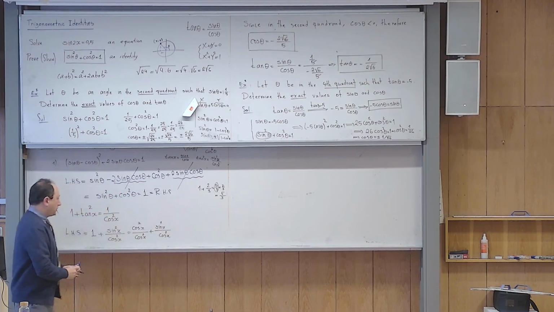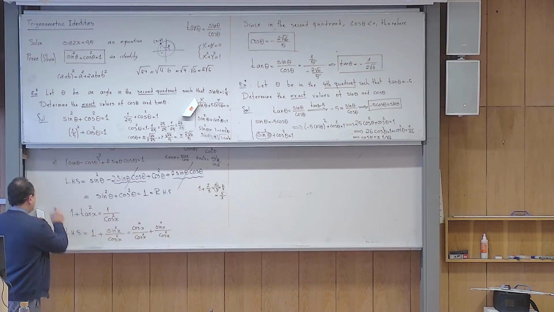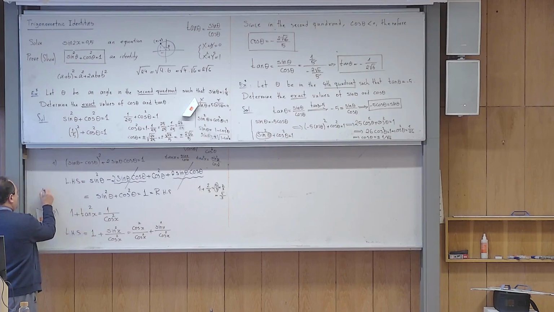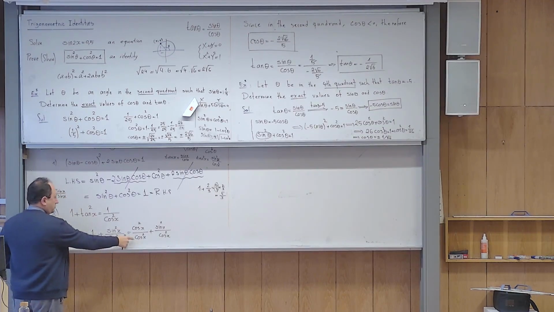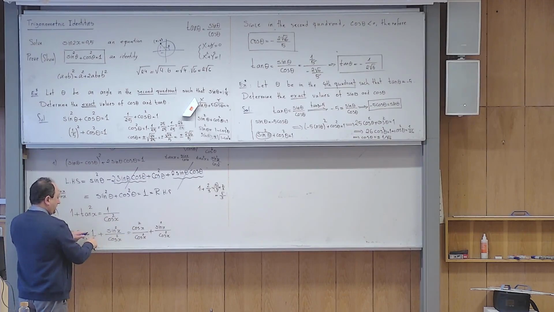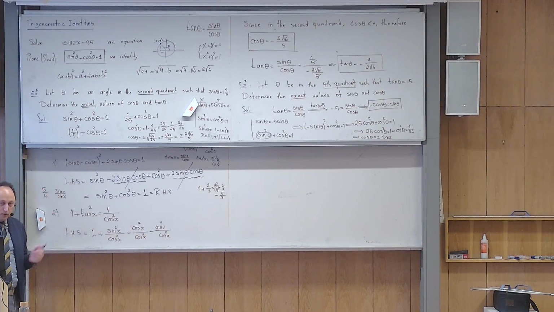In principle, I could write for 1, 5 over 5. I could write sine x over sine x. Why did I choose this one? It is clear, because I want to write it in a way that, firstly, it is equal to 1. Secondly, it has the same denominator as the second one. And that's the only option, yes?